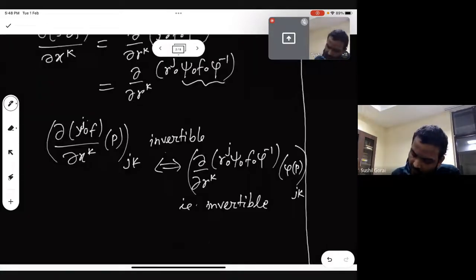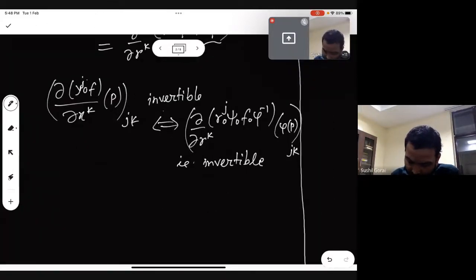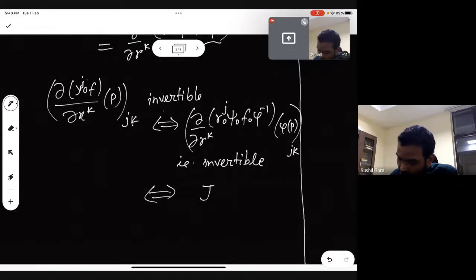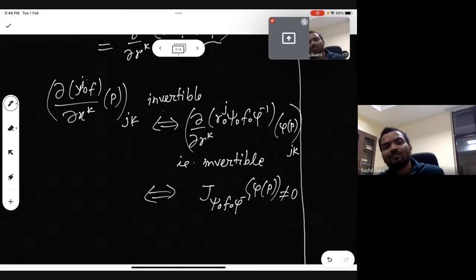Right. Now that is nothing but the Jacobian of psi compose f compose phi inverse at phi p, right? The Jacobian determinant is non-zero, right?